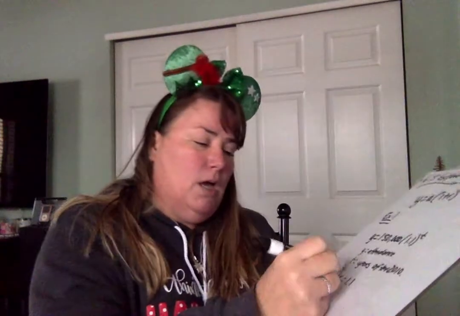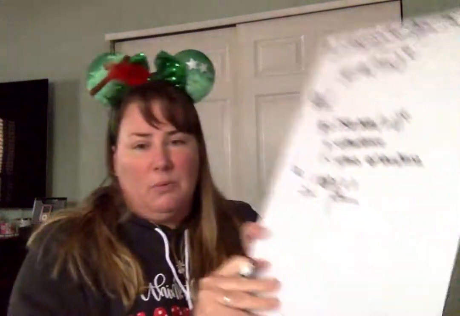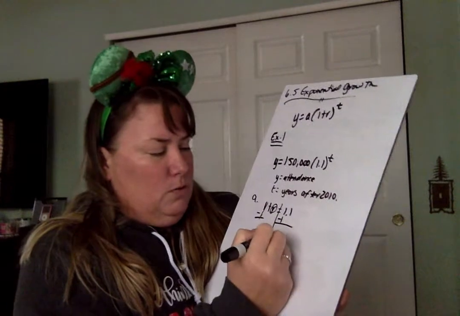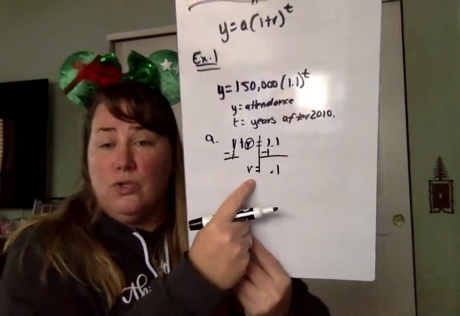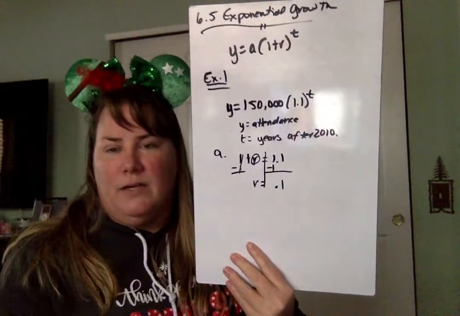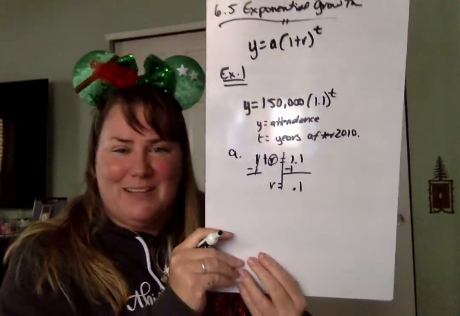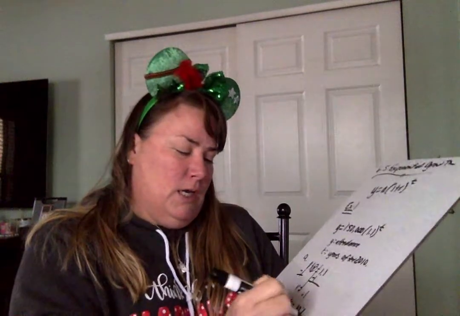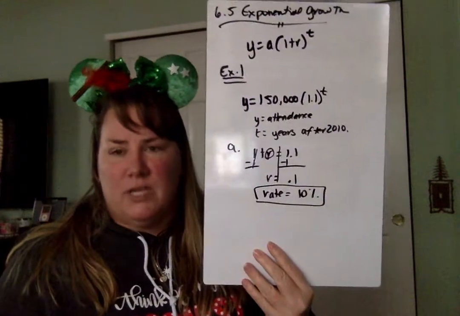And then you just have a little baby equation to solve: minus 1. Remember, when you subtract 1, you're subtracting the whole. So R equals 0.1. That tells you your growth rate is 0.1. What does that mean? Turn your decimal into a percent. So your growth rate is actually 10%. So it's growing 10% each year.